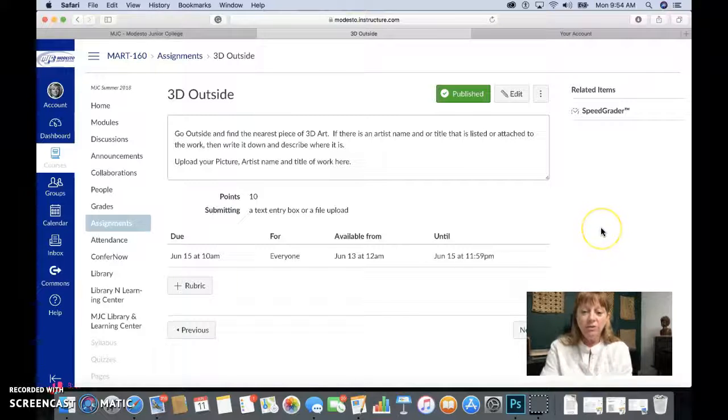And then this is the 3D assignment. So go outside and find the nearest piece of 3D art. If there's an artist name or a title that is listed or attached to the work, then write it down and describe where it is. Upload your picture, artist name, and the title of work here. Now, this being said, please don't go out in your front yard and take a picture of your garden duck or fountain or something like that.